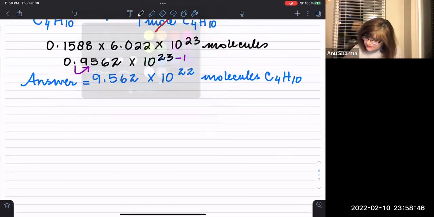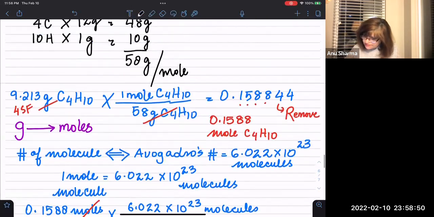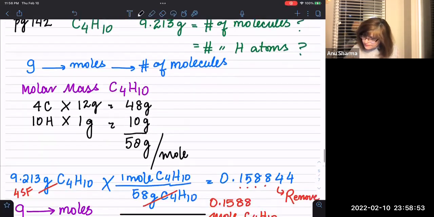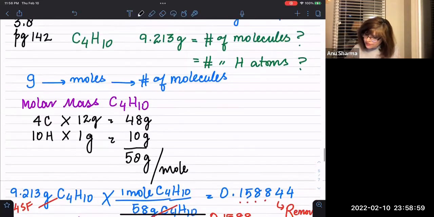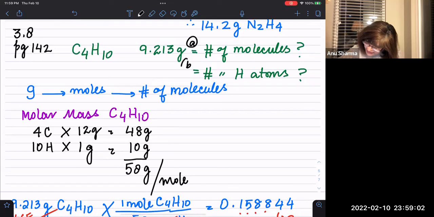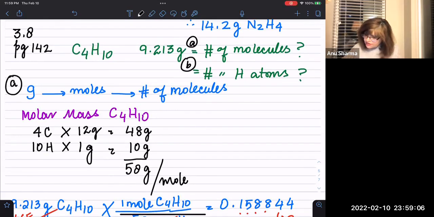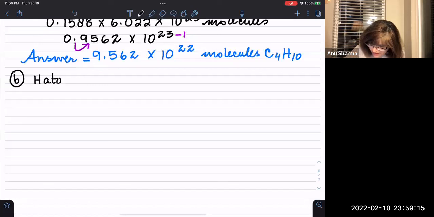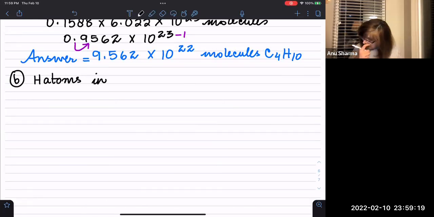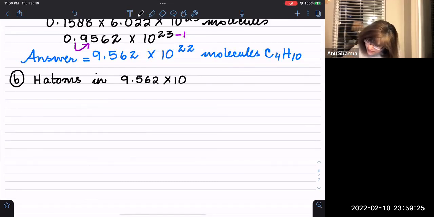So this is part A, finding the number of molecules, and part B is how many hydrogen atoms in 9.562 times 10 to the power 22 molecules.